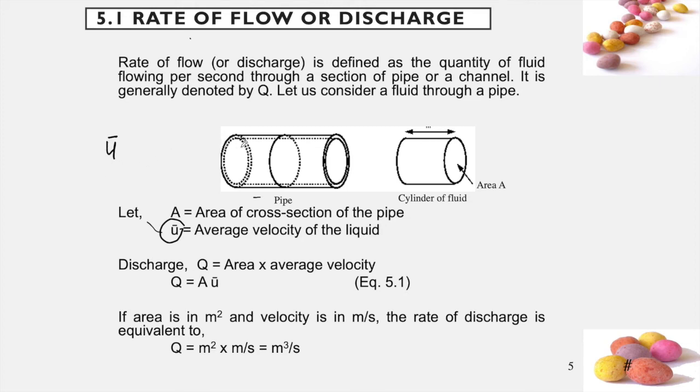When dealing with a pipe, previously we learned that if a fluid flows on a flat plate, the no-slip condition occurs on the plate surface and affects the other layers, forming a velocity profile.